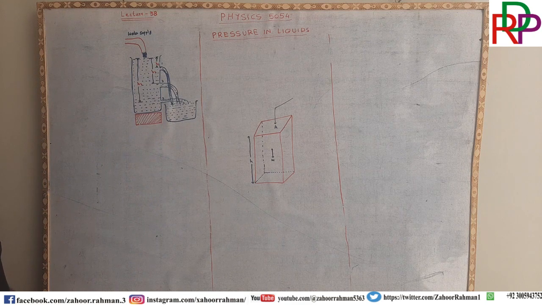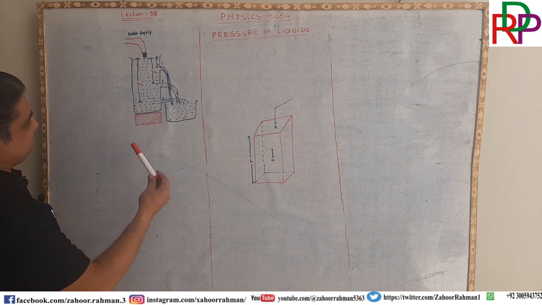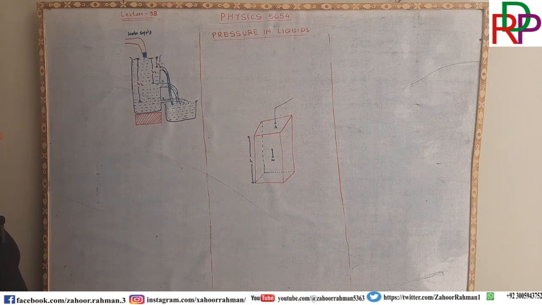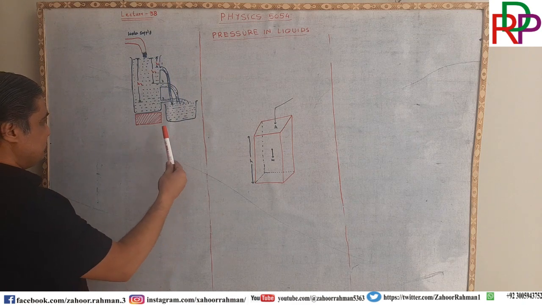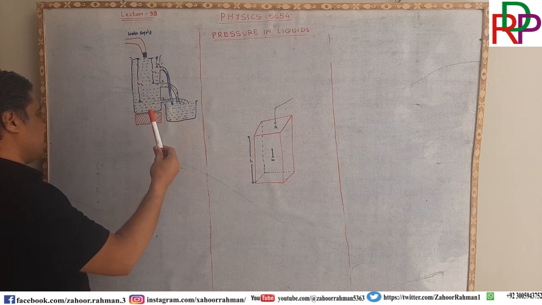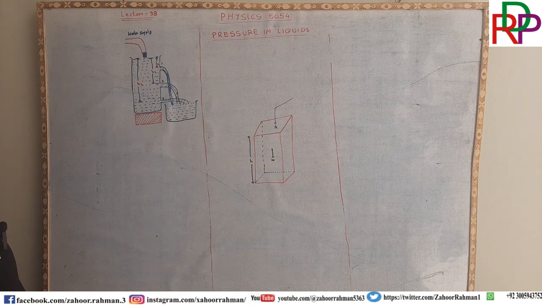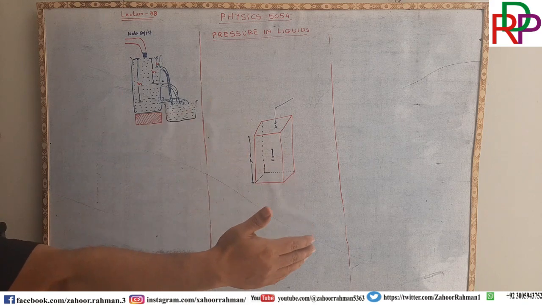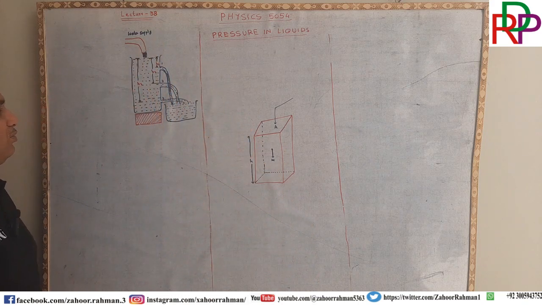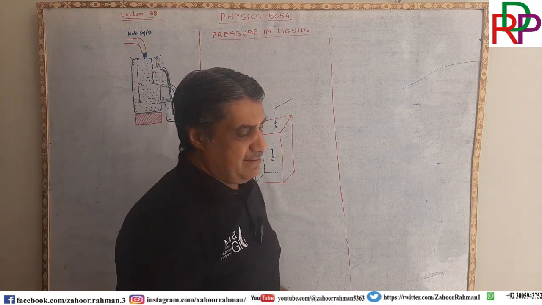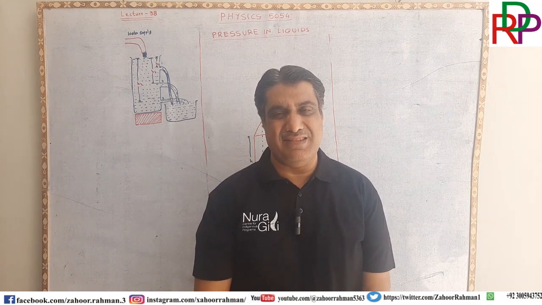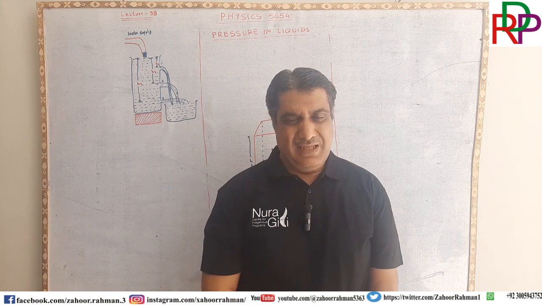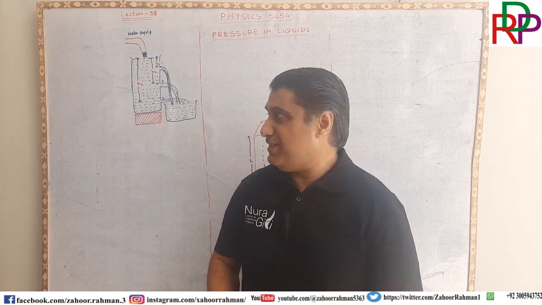We can see that outlet 3 spurts the water further than the other two outlets. Similarly, outlet 2 spurts water further than outlet 1. It shows that pressure in liquids depends on the height.